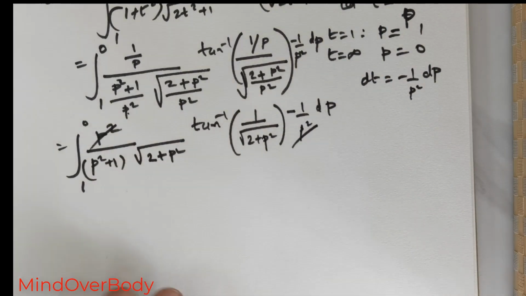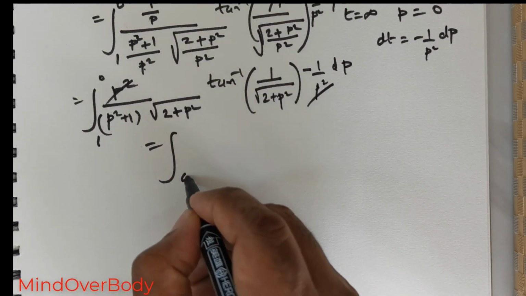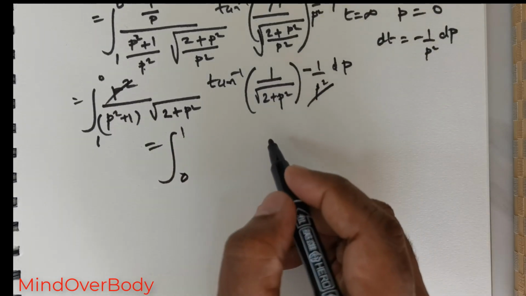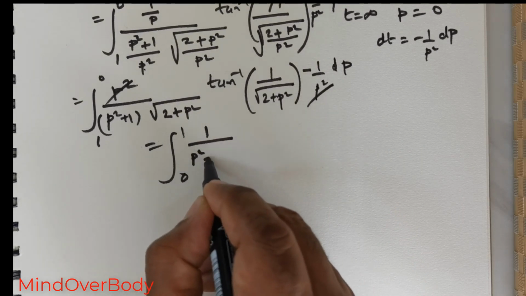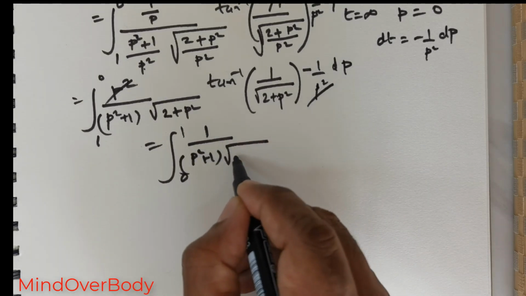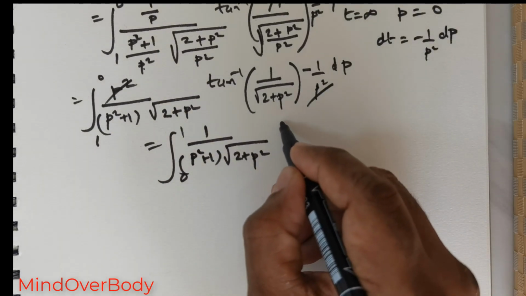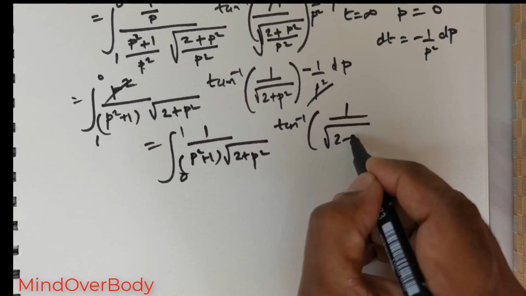So this and this can be cancelled. I will flip the integral from 1 to 0 to 0 to 1, so that the negative sign gets neutralized. So now I get 1 over (p squared plus 1) times root of (2 plus p squared) times tan inverse of (1 over root of (2 plus p squared)).